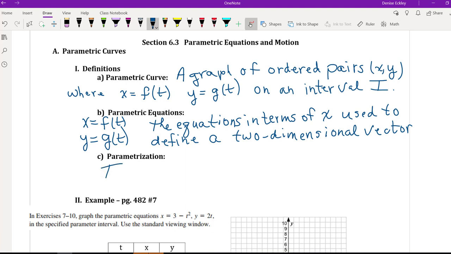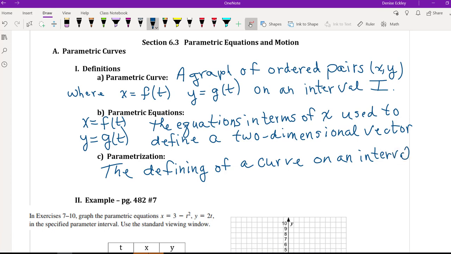So the defining of a curve on an interval of t values.